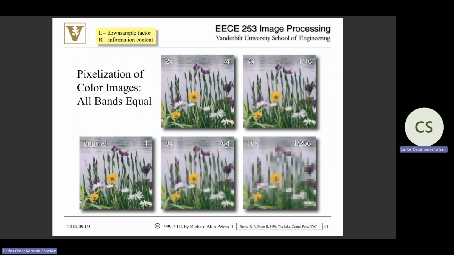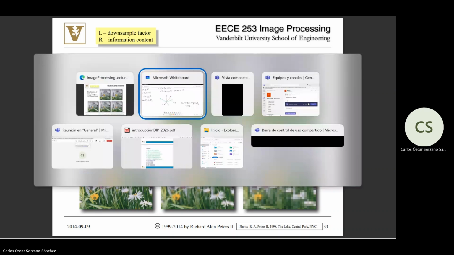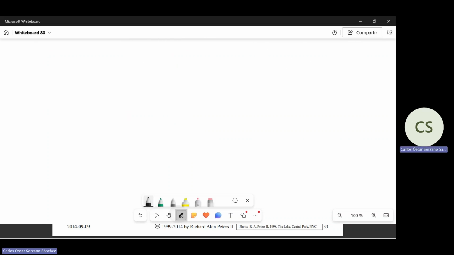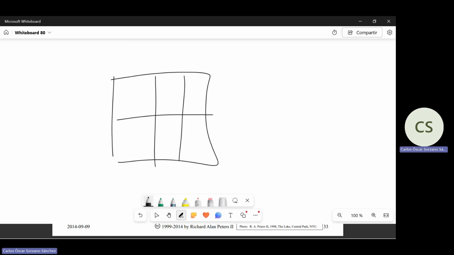So then, let's do the following experiment. We have an image of 4 times 4 pixels, and we have RGB values for each one of the pixels.